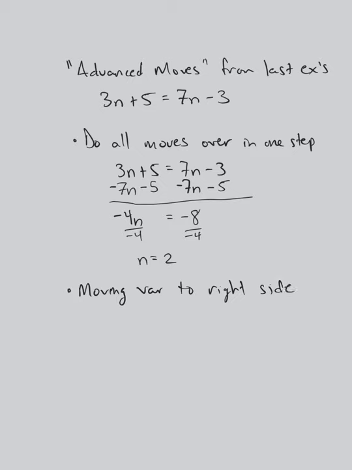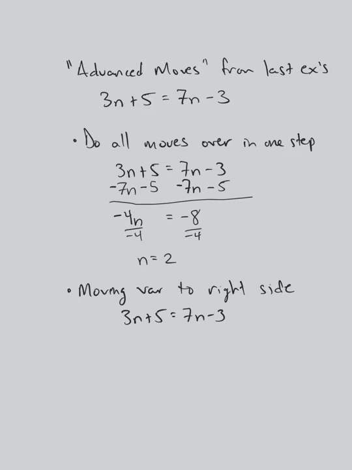Okay, but some people are prone to errors whenever they have to get rid of a negative number, and so they don't like getting this negative number on the left side. So what they do is they start out at the beginning. Okay, 3n plus 5. Now again, sometimes this is after you've simplified in problems where you had to simplify, but some people can look at it and say, well, if I subtract the 7n, I'm going to end up with a negative over on the left side like we did.